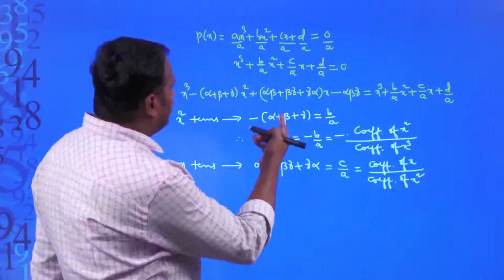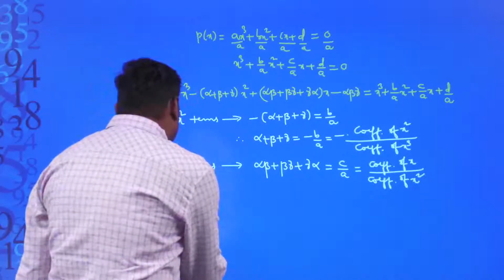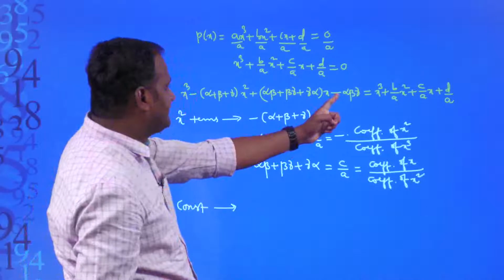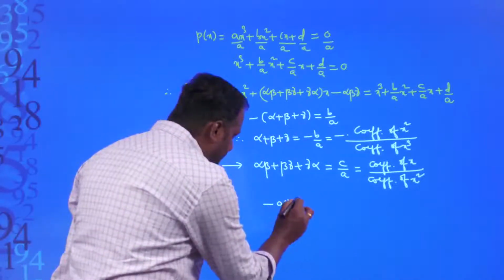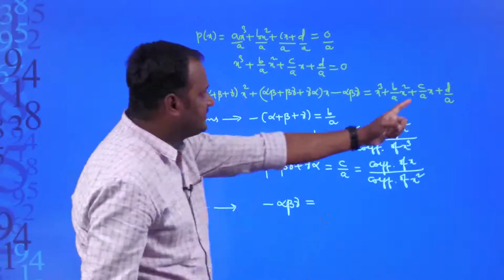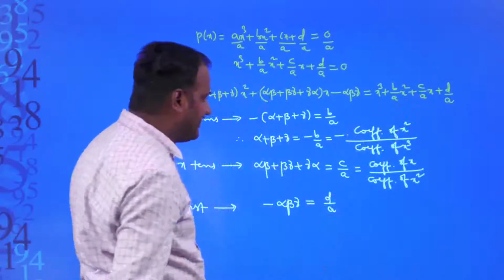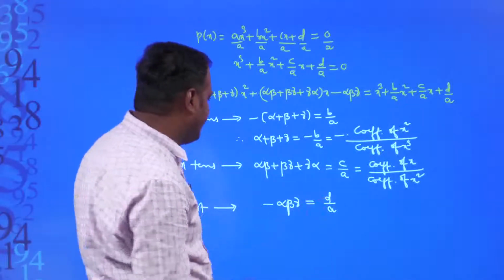And finally, let us try to compare constants. Okay. So when you compare constants, we get here the constant is minus alpha beta gamma. So minus alpha into beta into gamma is equal to, what is the constant here? The constant is going to be d divided by a. From this, minus alpha beta gamma is equal to d divided by a.